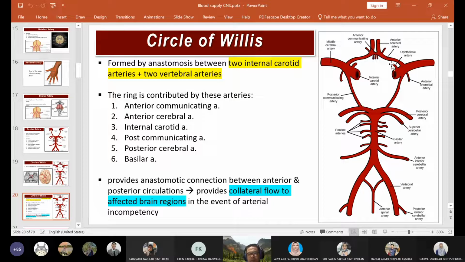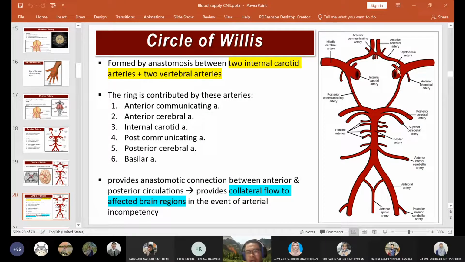So this ring is constituted by anterior. Okay, satu lagi yang awak kena tahu. Anterior cerebral artery is the terminal branch of the internal carotid, right? This one here. And it is also joined in the middle by the anterior communicating artery, which connects the two anterior cerebral arteries.